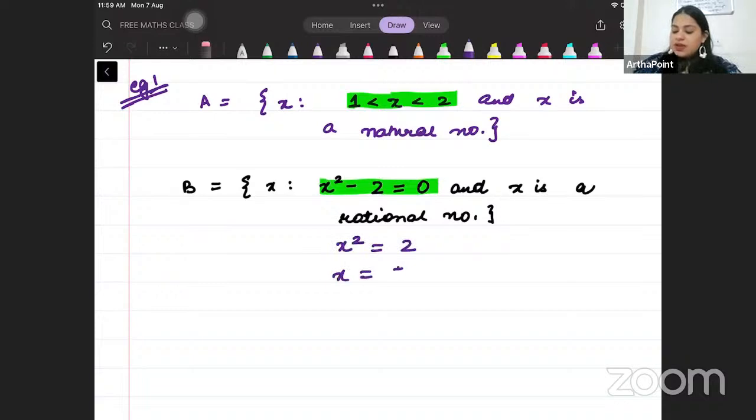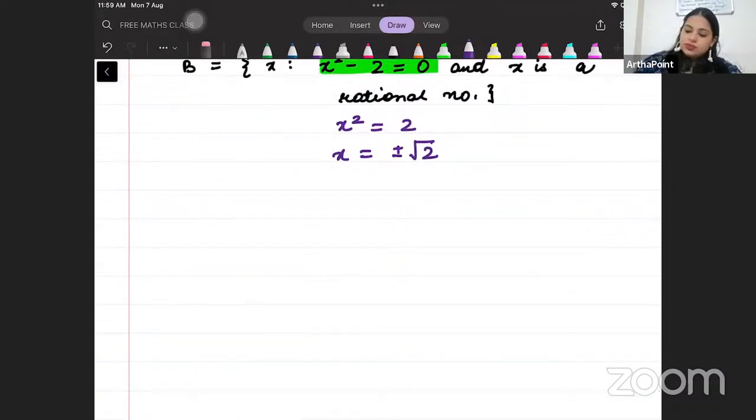So x will be plus minus root 2. So there is no rational number that satisfies this equation. किसी भी rational number के लिए ये equation satisfy नहीं हो रही है. So this implies that this is in fact an empty set. Clear है बेटा?